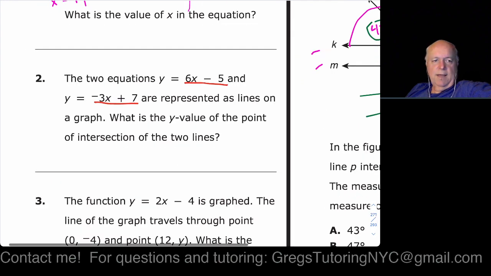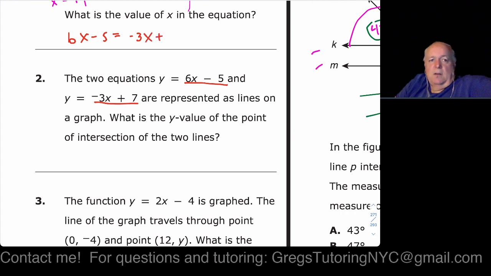So we have 6x minus 5 is equal to minus 3x plus 7. At this point, all we're going to try to do is solve for x. I'm going to add 3x to both sides.